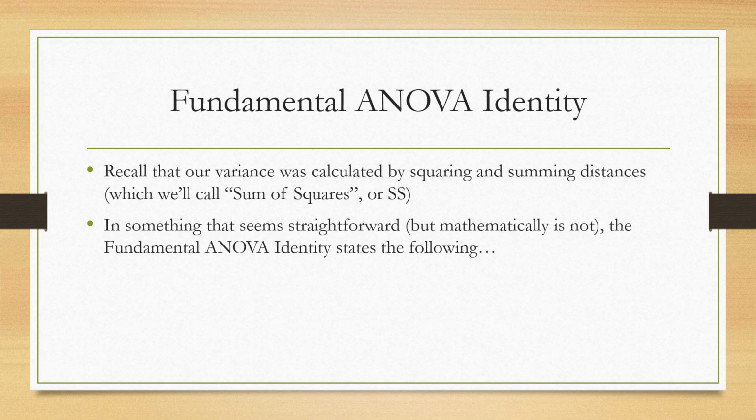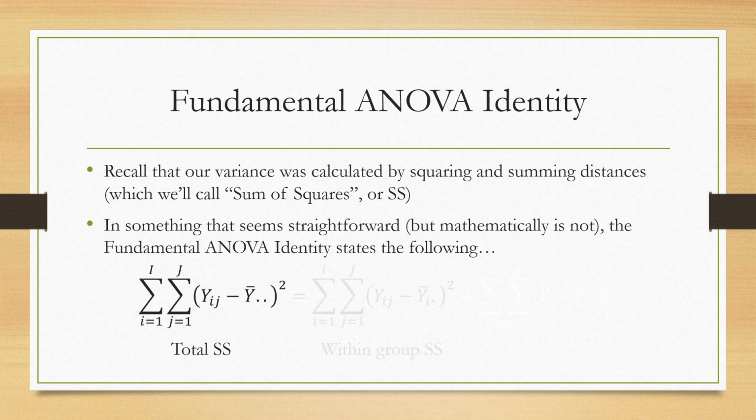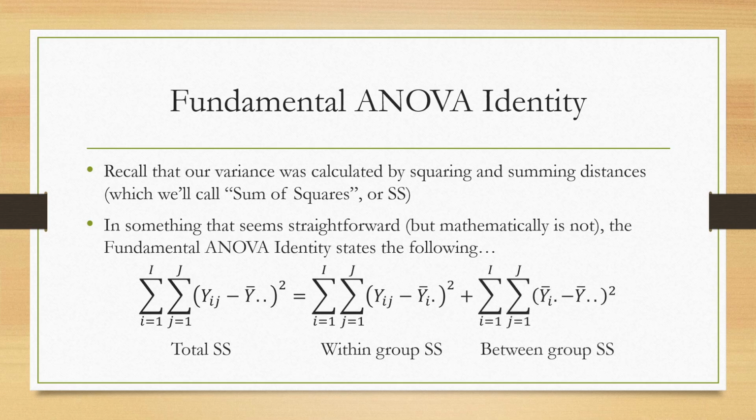But ultimately, the fundamental ANOVA identity states that if I look at the sum of squares for the total movement, this is equal to the sum of squares within the group plus the sum of squares between groups. This is a really cool thing, that the relationships still work even with all of these differences raised to the second power and added up. Note that I'm adding up over both all of the groups and all of the people within each of the groups.